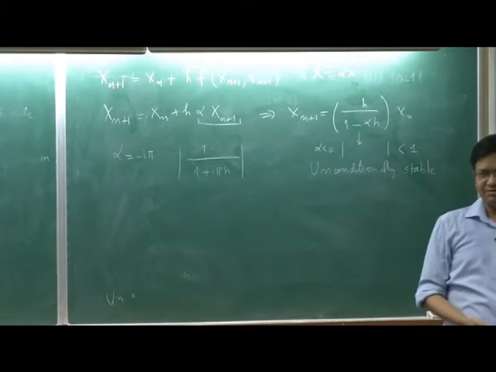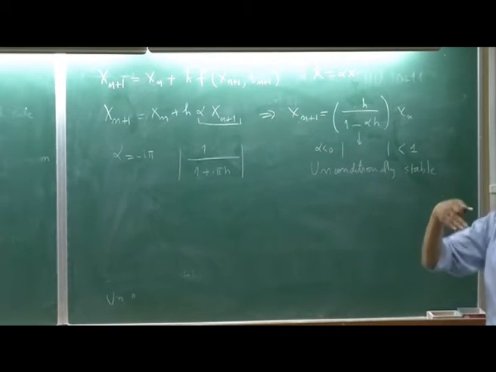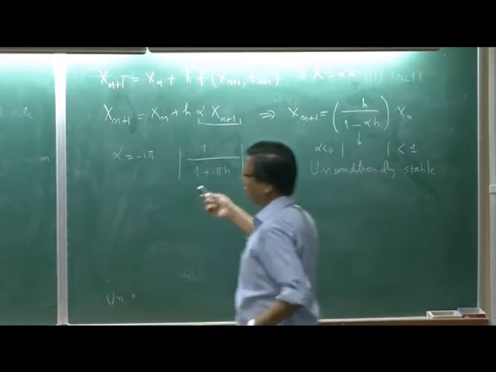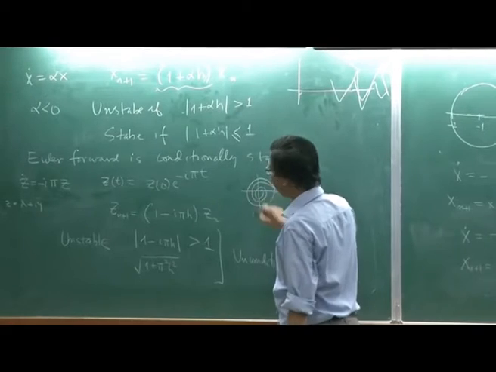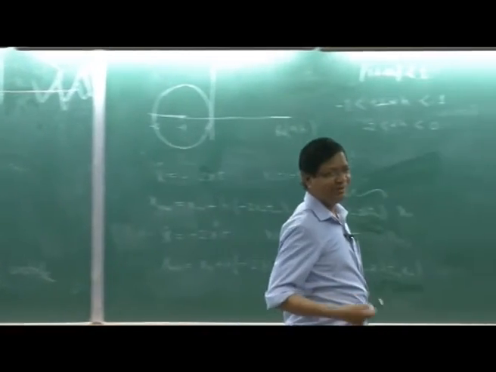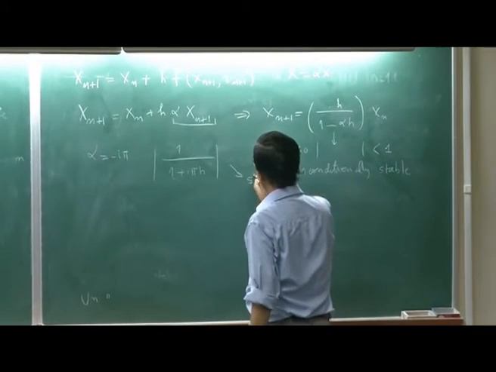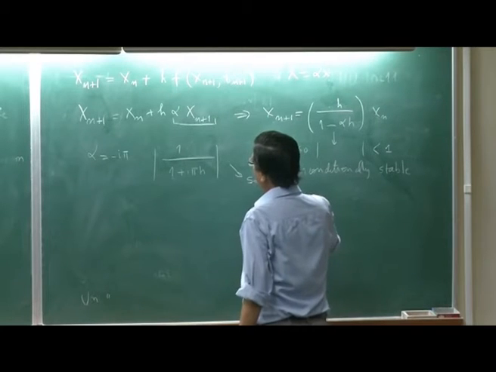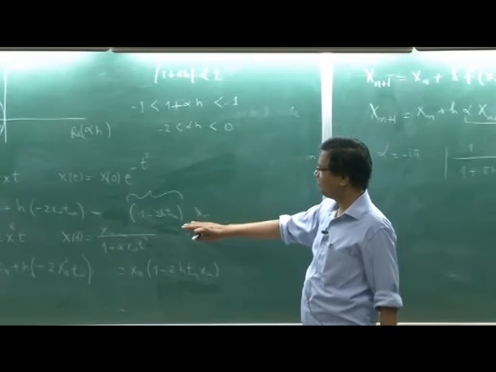He is also less than 1, so he is also stable. It turns out that in the numerical solution you will find the oscillation will go in, but it is stable, it is not growing. So this is also stable. It turns out even these guys are stable.